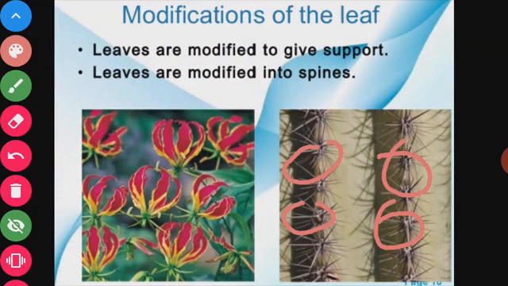Plants like cactus and opuntia have spines on their stem, and those spines protect these plants from grazing.